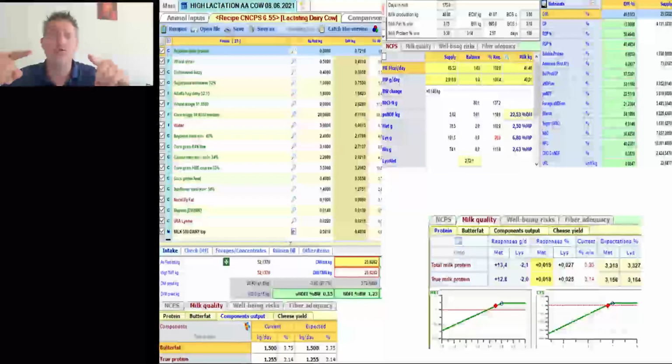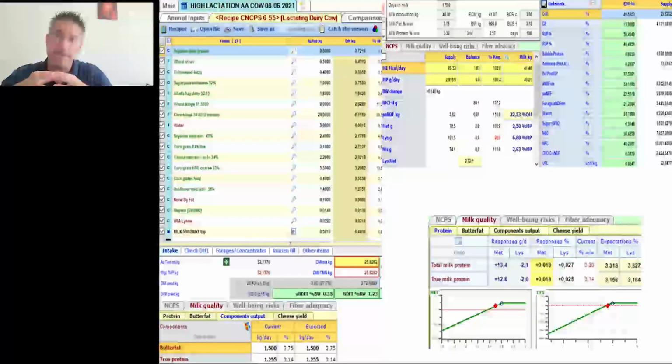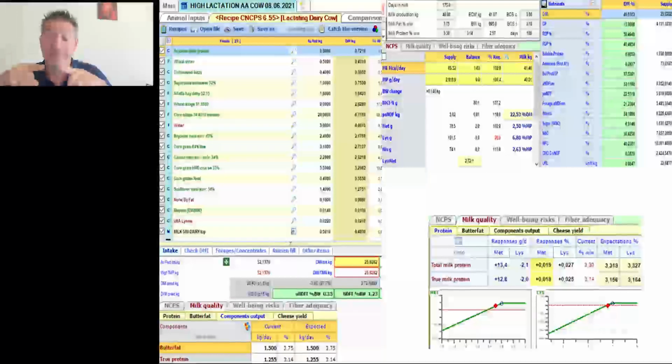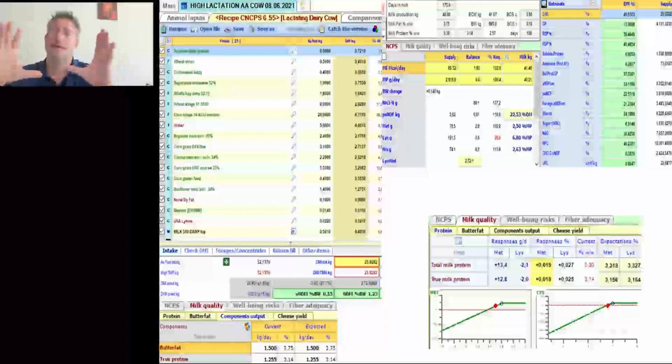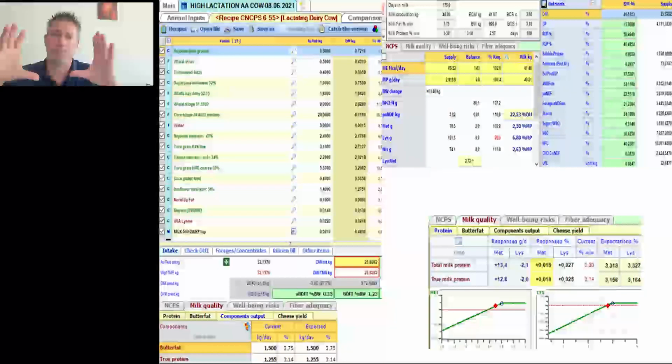With a ratio of 2.72, where I have met the energy requirement for metabolizable energy, where I have met the metabolizable protein, where I have met the grams per day of metabolizable lysine and metabolizable methionine, with 2.72 I have the maximum production of milk content. I mean the grams per day of protein.